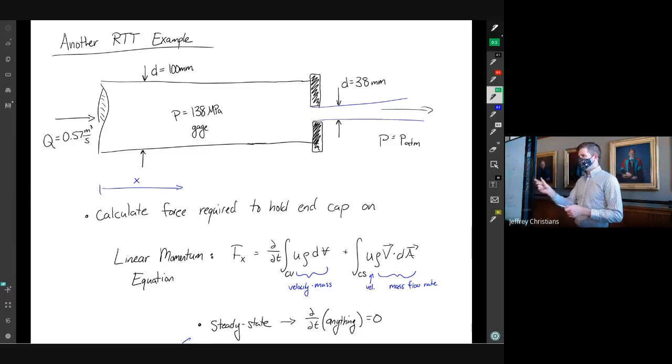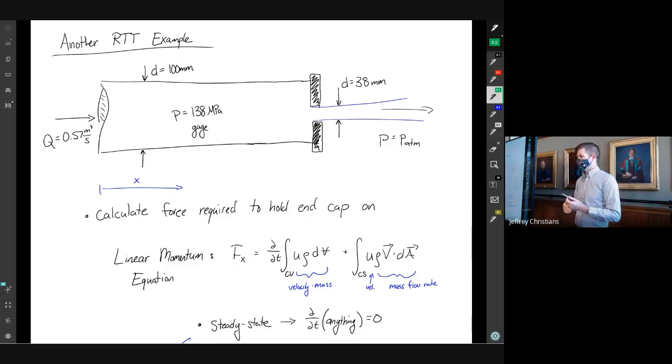So a lot of times choosing your control volume is not super straightforward, but it's where things are accelerating, where they're changing speed. So we can think of it for this, well, really far to the left, it's just going to be flowing down the pipe, just hanging out, not doing anything special.